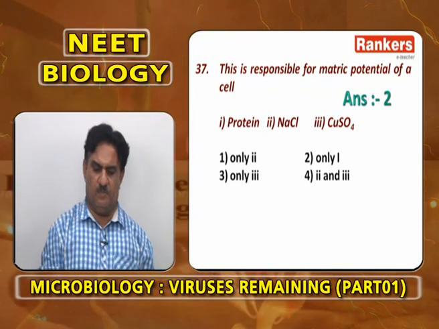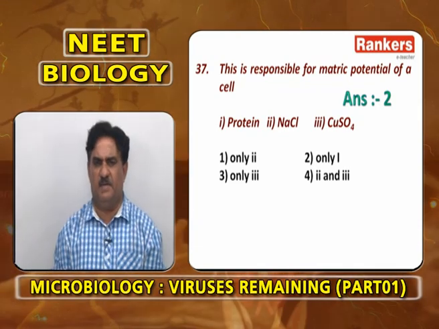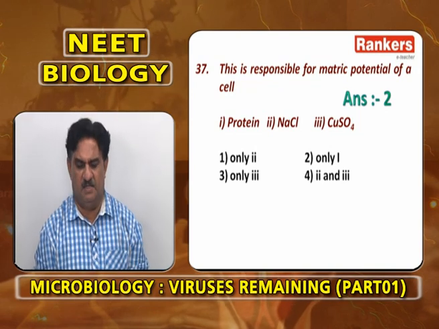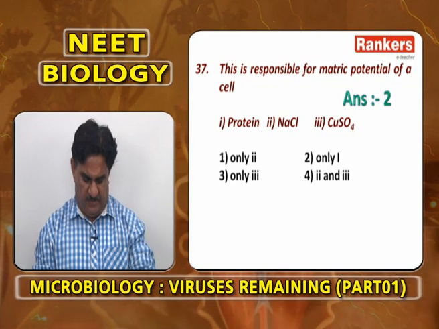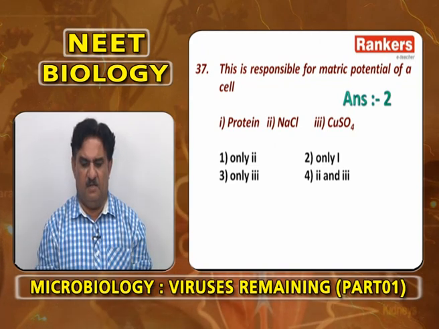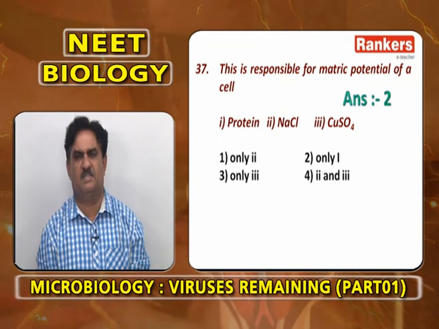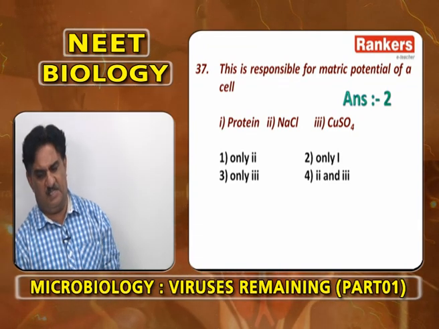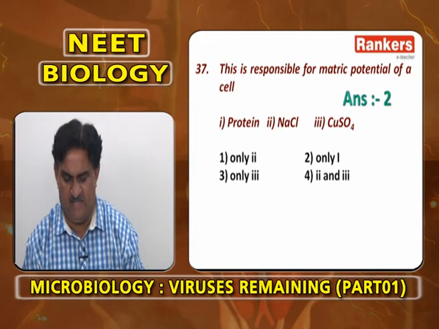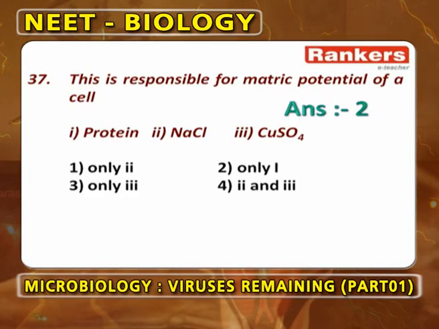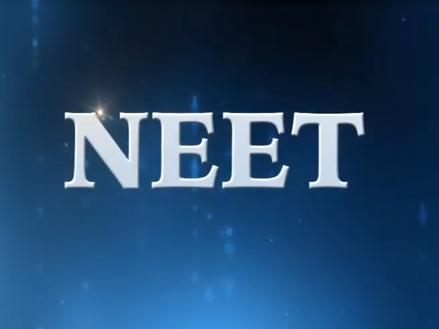So, protein shows more imbibition. Imbibition is nothing but matric potential: absorbing water at the surface level, not dissolving in water. Sodium chloride and copper sulfate come under solutes, which affect solute potential. So, what is responsible for matric potential of a cell means protein. Answer is only 1. Only protein controls the matric potential of a cell.